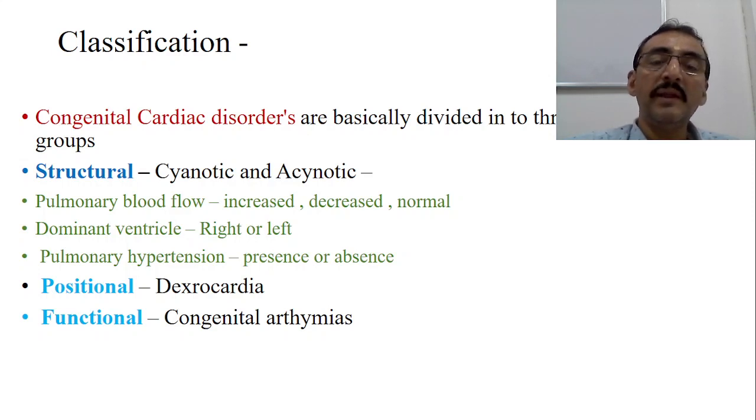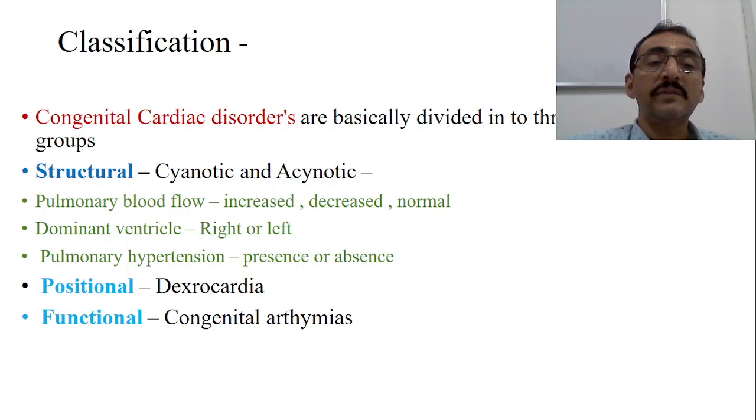Cyanotic and acyanotic, each one is again divided into 3 types. Structural cyanotic with the pulmonary blood flow increased, decreased or normal. Similarly, structural acyanotic with the pulmonary blood flow increased, decreased or normal.